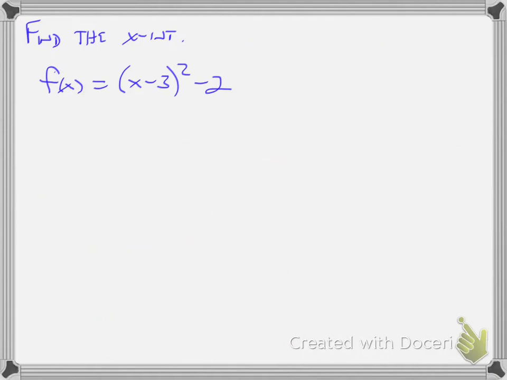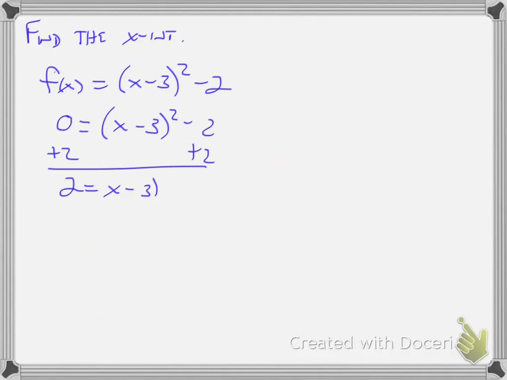So to find the x-intercepts, we plug 0 in for y. Now I'm going to have to solve. So I'm going to add 2 to both sides, and then take the square root of both sides. And remember, when you take the square root, if you don't include the plus or minus, you're only going to find one of the x-intercepts, not both of them.